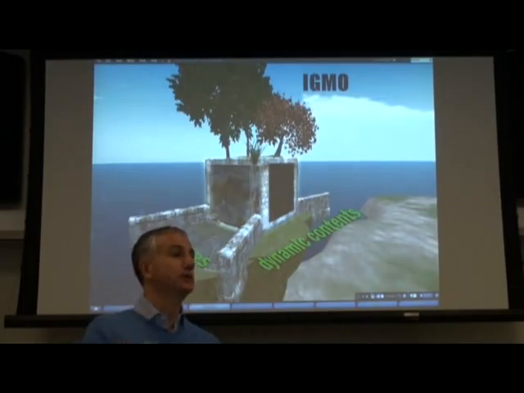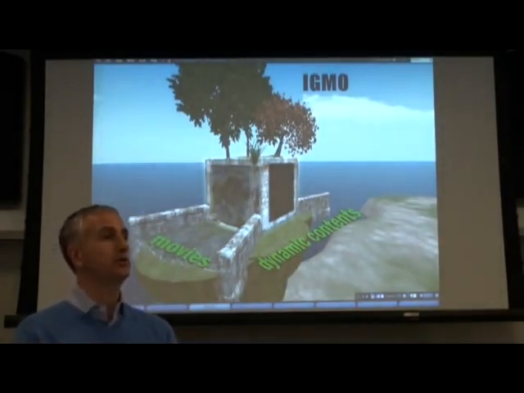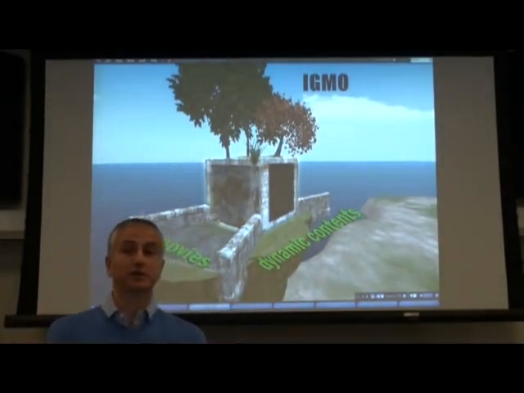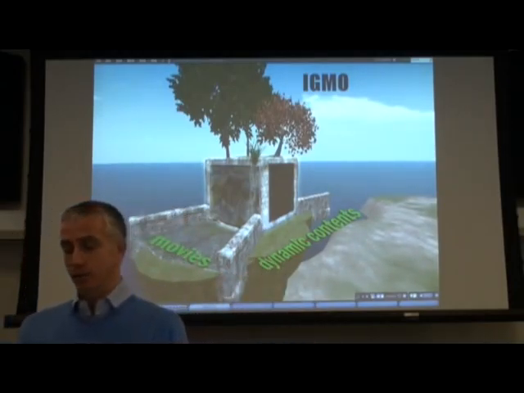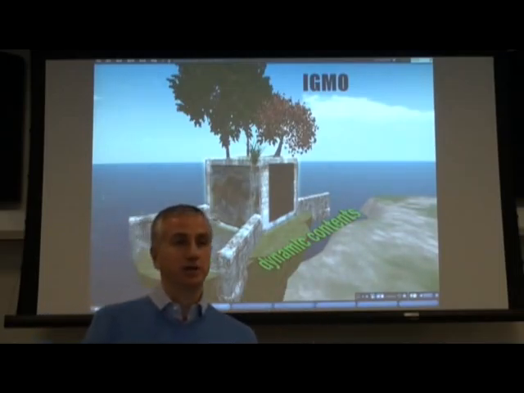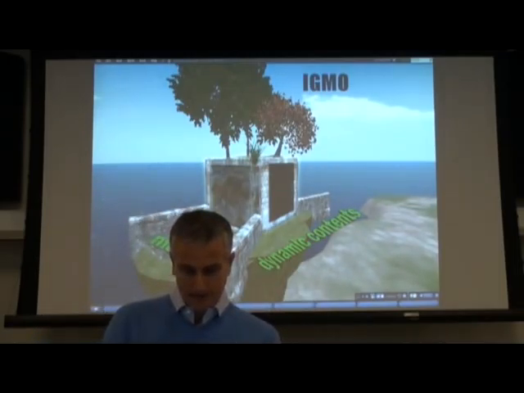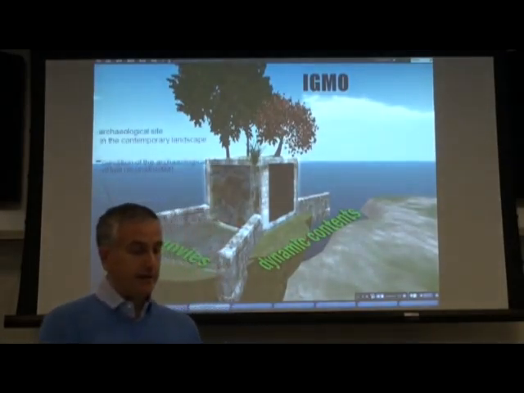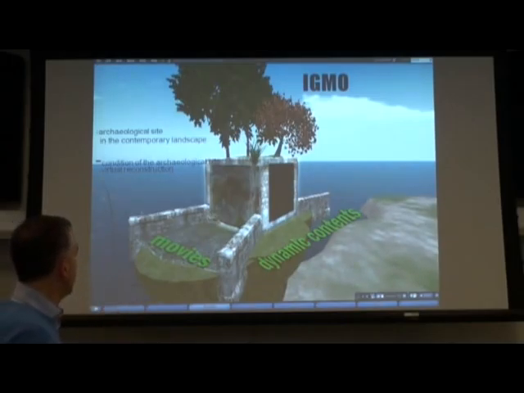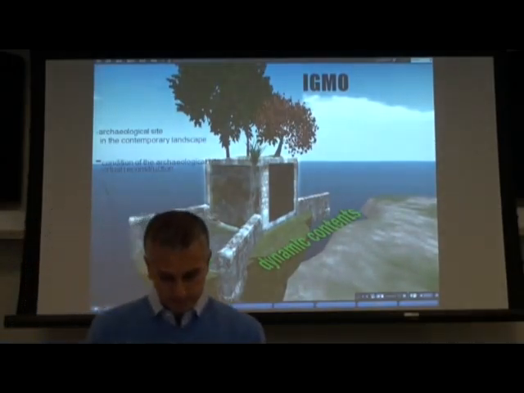So if you click on the movie, you have an avatar talking with you, or a virtual character explaining where you are, what we are doing, what kind of content, what kind of archaeological information you will find inside. And the comparison between the archaeological site and the contemporary landscape.